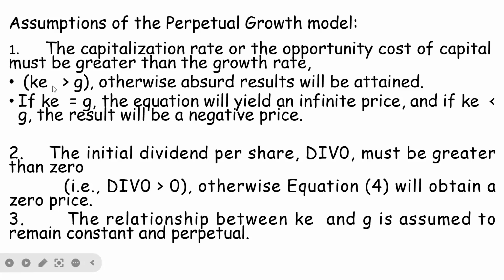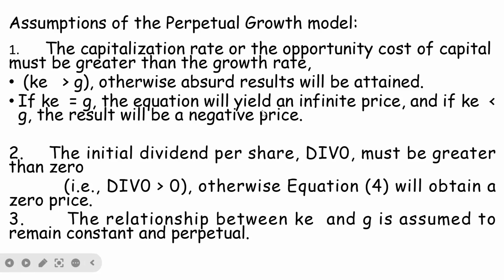First, your opportunity cost should be greater than your growth rate. If your market rate is not greater than the growth rate of the dividend, you will see an absurd result, and your share valuation will not be proper. It will not give you fair share prices. If K is equal to G, it will yield an infinite price. And if your opportunity cost is less than the growth rate of the dividend, the result from this formula will be negative.